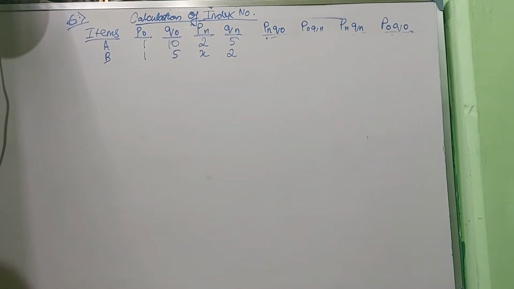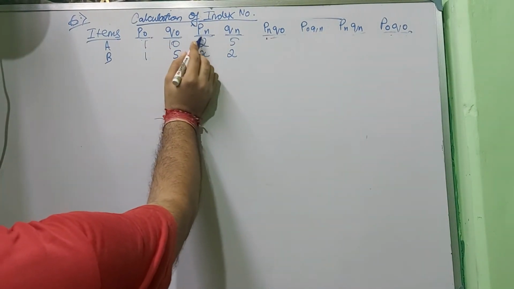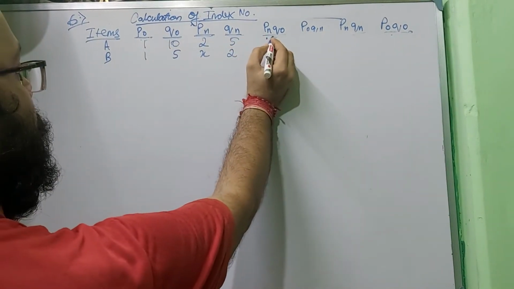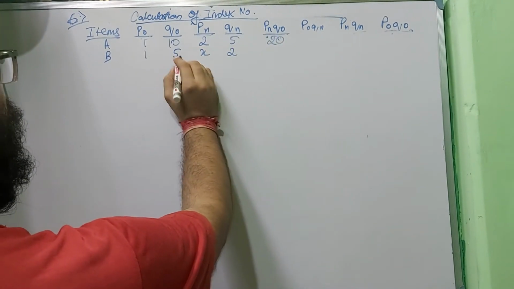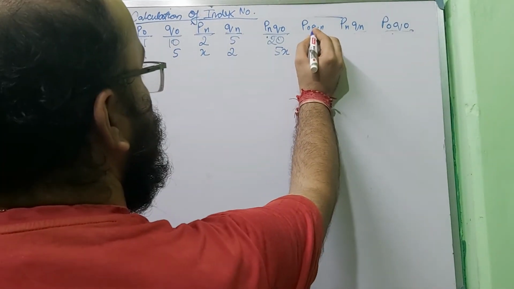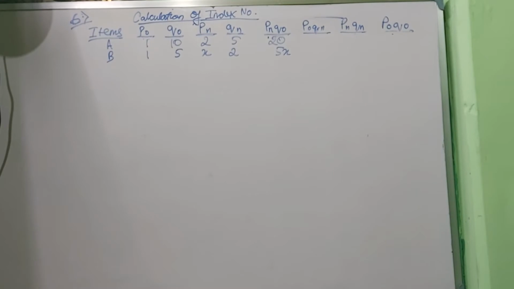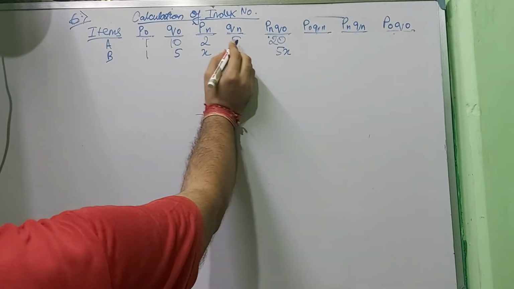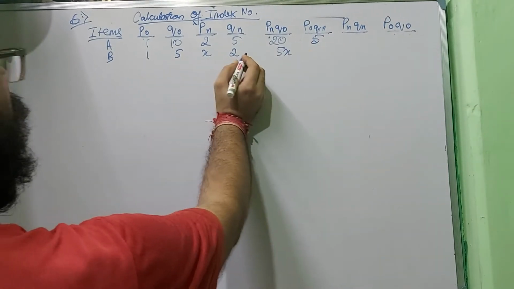Now Pn Q0 comes to 20 and 5x. P0 Qn: 1 into 5 means 5, 1 into 2 means 2.